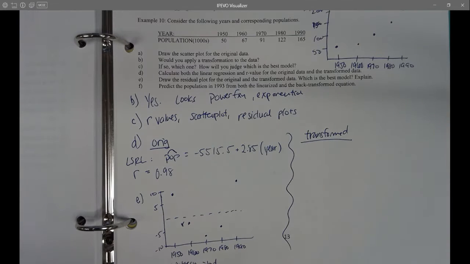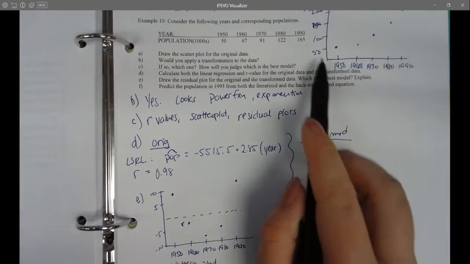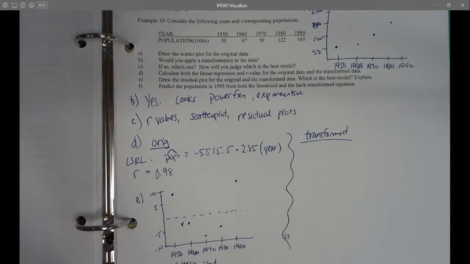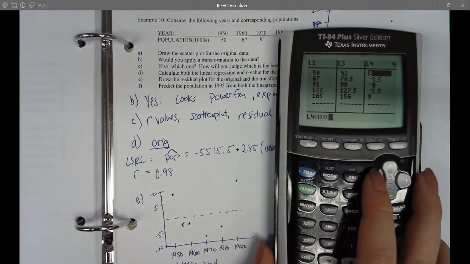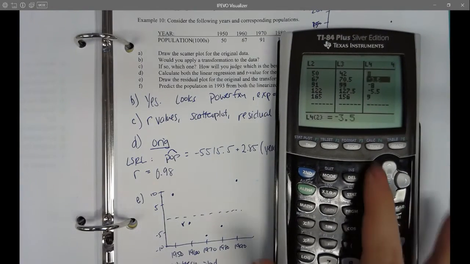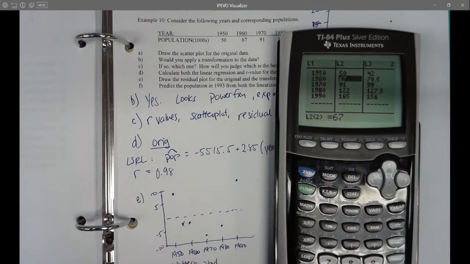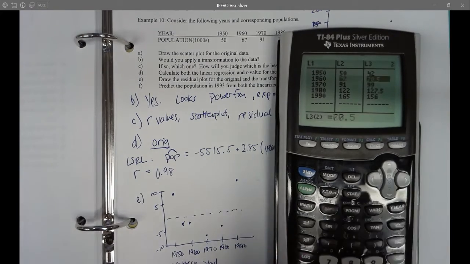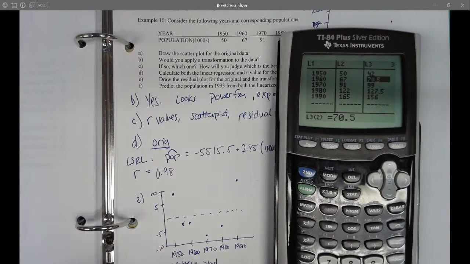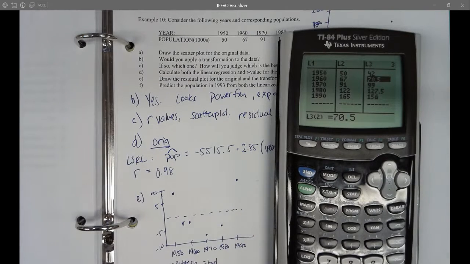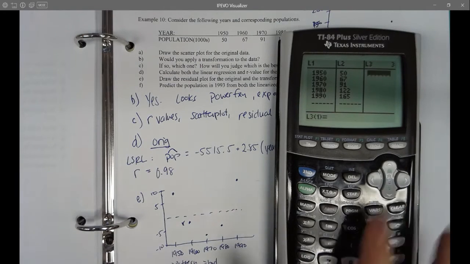So I am going to take the natural log of both sides and just see what happens. Okay, the natural log. So I'm going to take the natural log of all of these and the natural log of all of these. Now the easiest way to do that in your calculator is I want to keep my list 1 and my list 2, but my list 3, that was the ones I typed in from my least squares regression line here, so I'm going to just write over list 3.